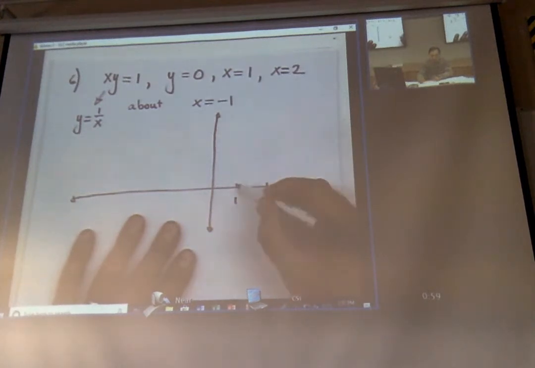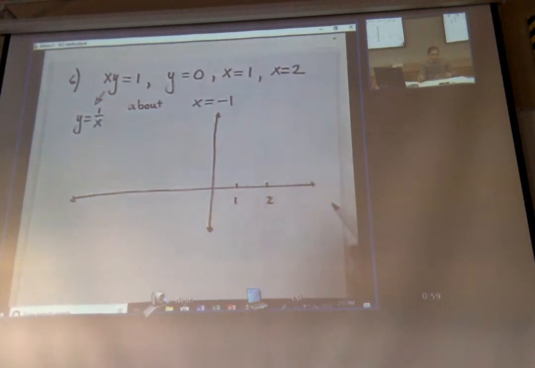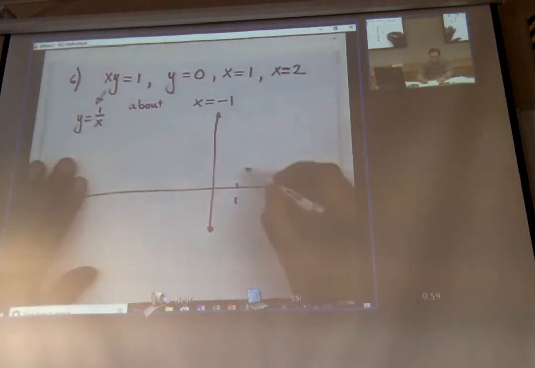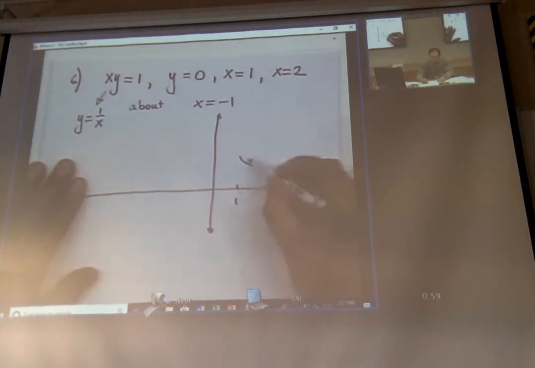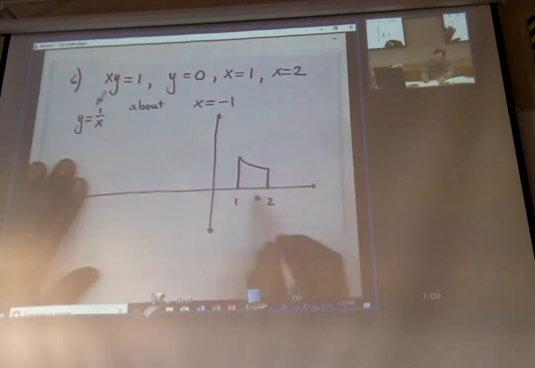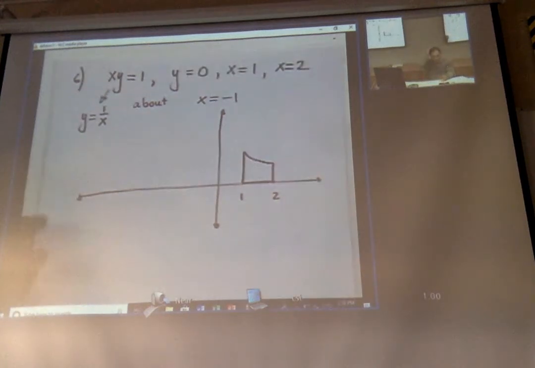Don't forget, x equals 1 is a line, not a point. x equals 2 is a line, not a point. The top piece is 1 over x. The left one is x equals 1. The right one is x equals 2. The bottom one is y equals 0. So this is the piece that we have to rotate.